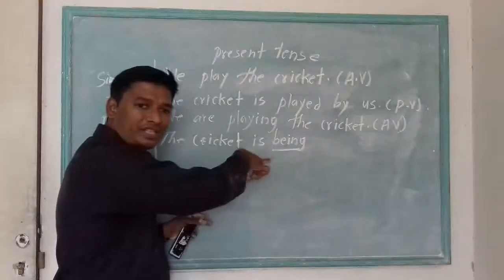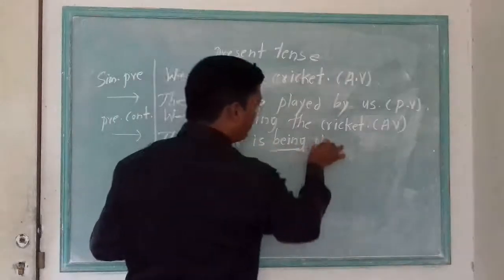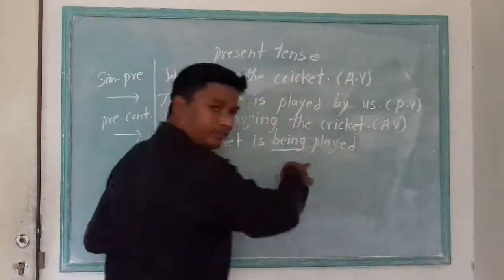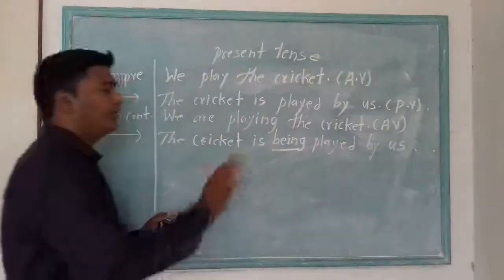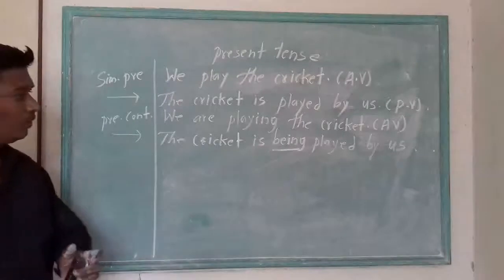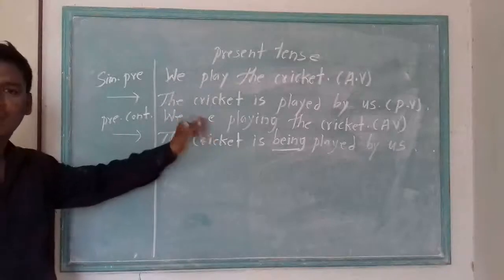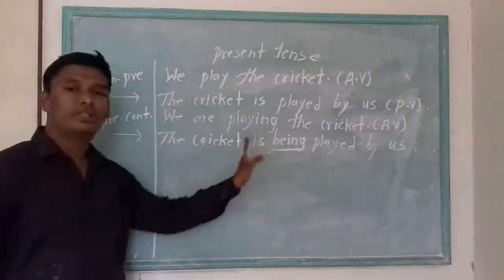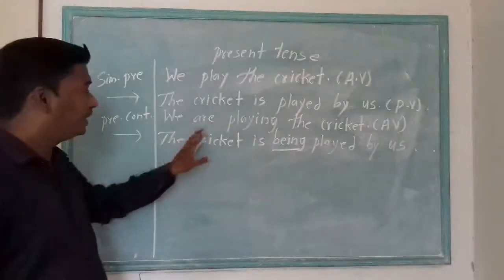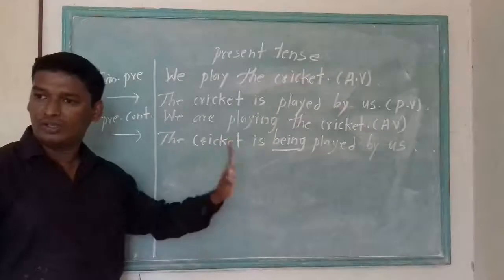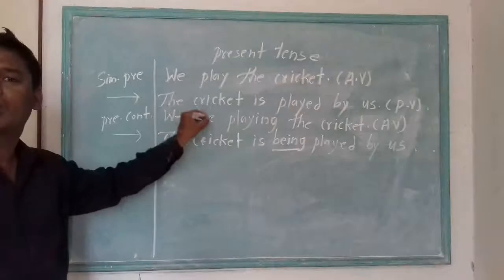Take this auxiliary being after is, then take the past participle of the verb, played, then put by, then we into us. Look, what is the change between these two sentences? Just we have added being after the auxiliary verb. The cricket is being played by us. Have you understood? Simple present, present continuous, now present perfect.